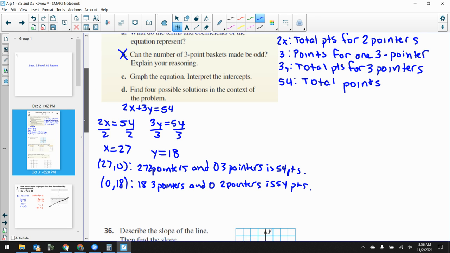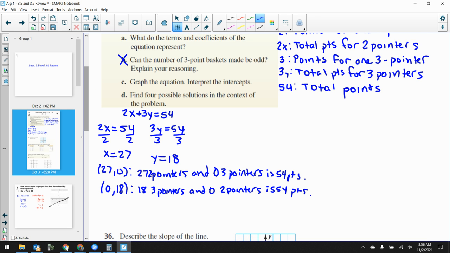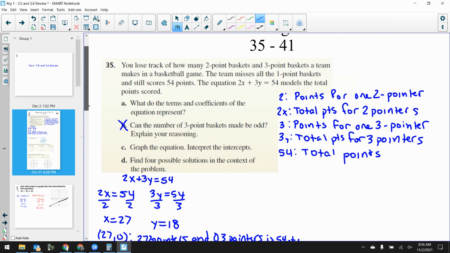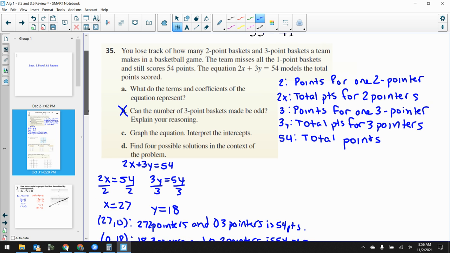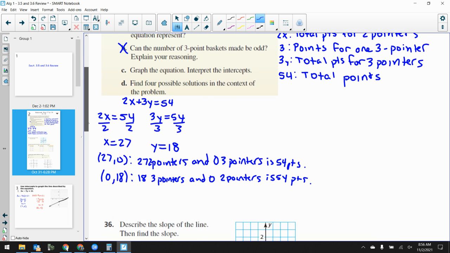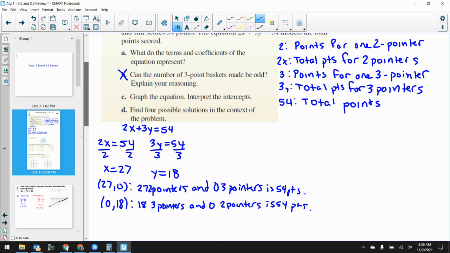Okay? The other extreme, if I don't shoot any 2-pointers and I only get 3-pointers, I shot 18 threes. Oh, this is for the whole team. The whole team getting 18 threes. That's pretty good. Sharpshooting team.